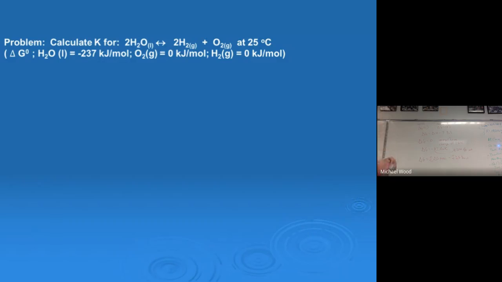So I've got H2, which the value for H2 is 0, and O2 is 0. So the delta G is 1 mole, well, it should be 2 moles, because the coefficient on H2 is 2, but it's going to be 0. Plus 1 mole, but again, the value that I've got is 0.